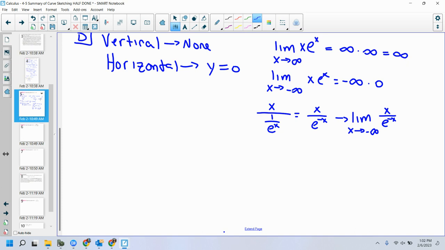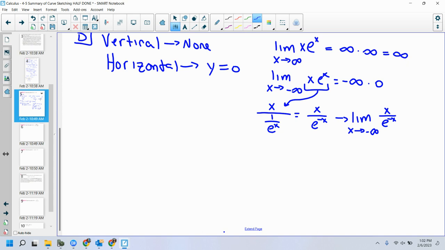No. This should come up to 0. What am I doing wrong? We have x over e to the negative x. Wait, Mr. Levin, we do one more L'Hopital's rule. So how are you able to just make it x over 1 over? I just took the reciprocal. I divided by the reciprocal because these are equivalent statements.